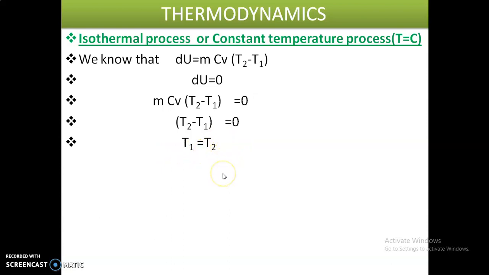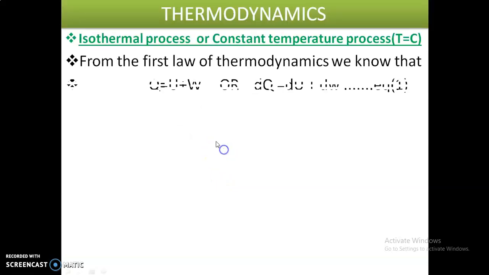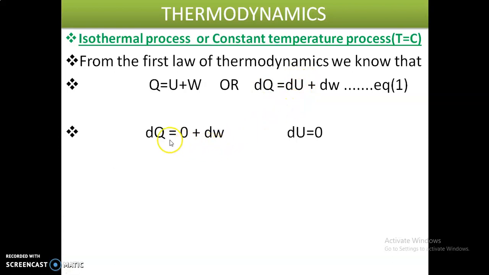We already know from the first law of thermodynamics that Q is equal to U plus W, or dQ is equal to dU plus dW. This is equation number 1. In the isothermal process dU is equal to 0, so dQ is equal to 0 plus dW.